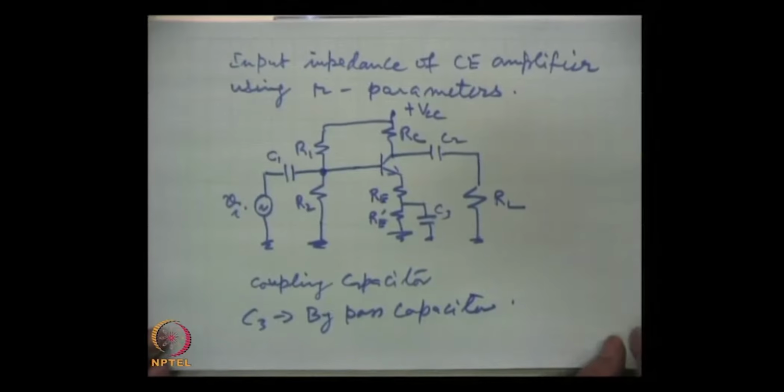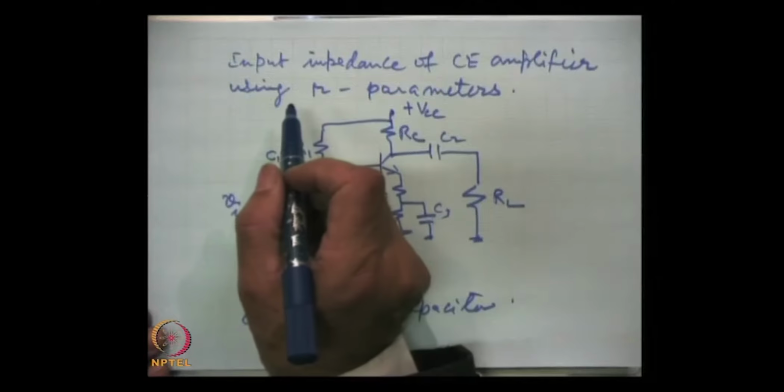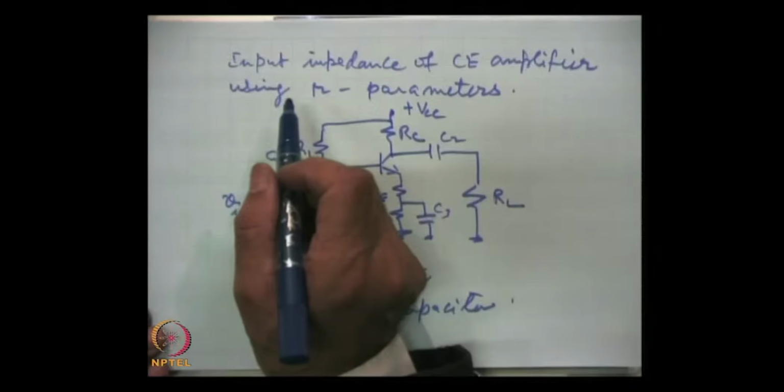Now, again to know, our objective is to find an expression for the input impedance of the amplifier. We have in the beginning emphasized the importance of input impedance, and for a voltage amplifier the input impedance is supposed to be high.